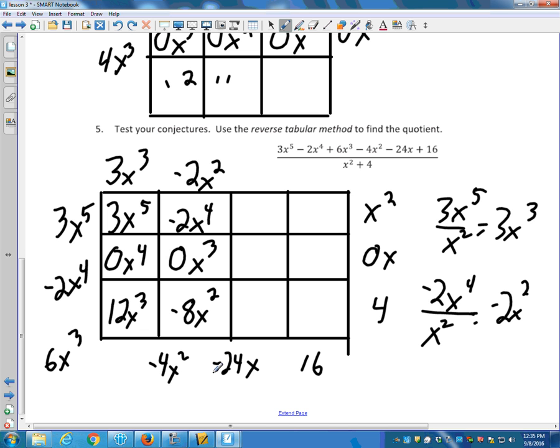Okay, so this answer here, this is this divided by that, like you have here. 3 divided by 1 is 3, and then you subtract the exponent. So it should be 3x to the third. And now that changes everything, because now when you do 3 times 4, you're going to get 12 here.